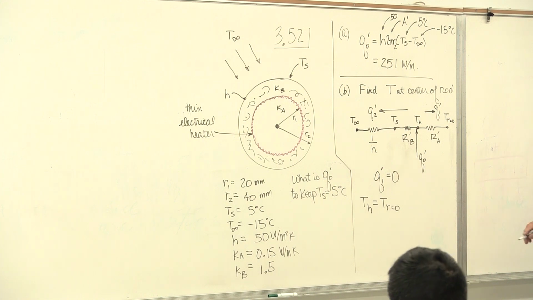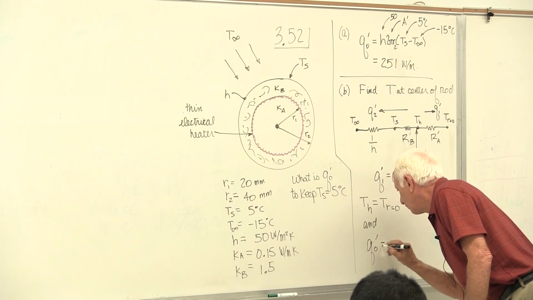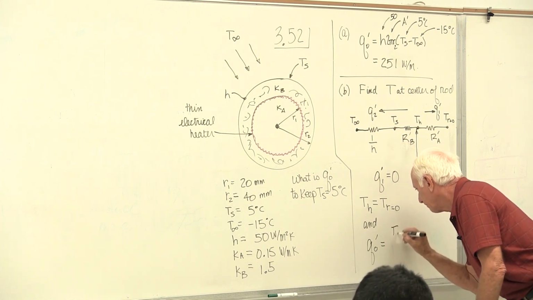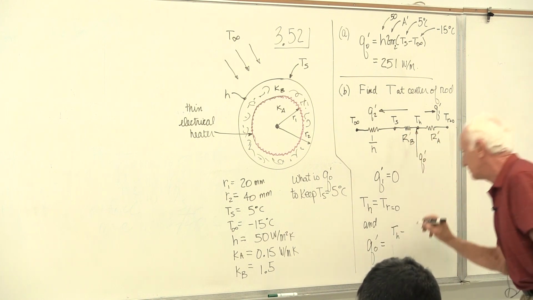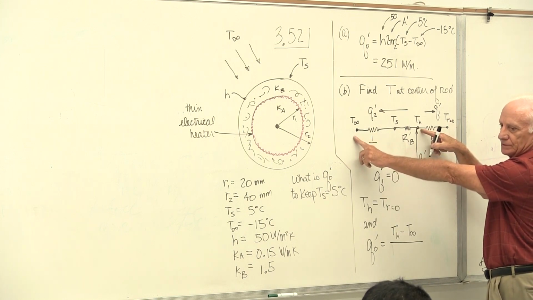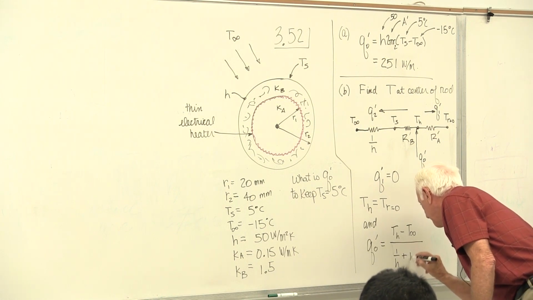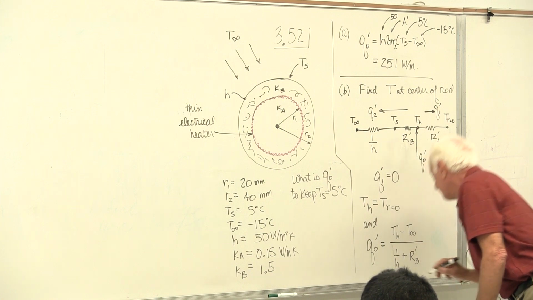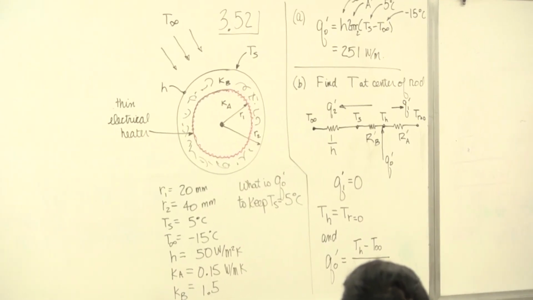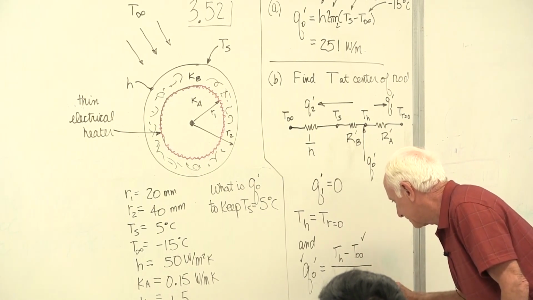Okay, and here's what we have then. Q naught prime equals the hot temperature, T of the heater, minus the cold temperature, T infinity, divided by the sum of the two resistors, 1 over h plus R_B prime, material B. I know all of these.